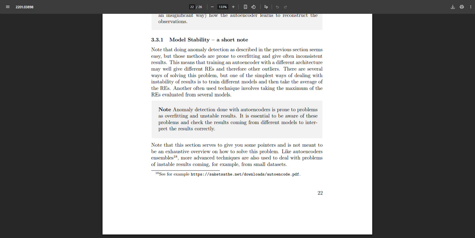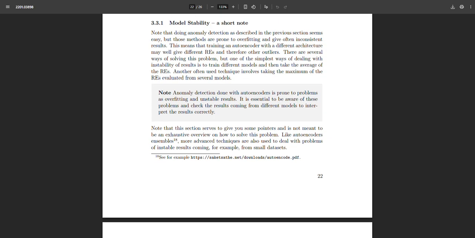It means training the same autoencoder with a slightly different architecture, often with a slightly different initialization or maybe a batch order, gives you different reconstruction errors and consequently identifies a completely different set of outliers. This instability means you cannot blindly trust a single model's result when looking at anomalies.